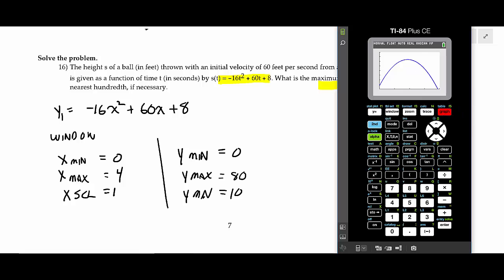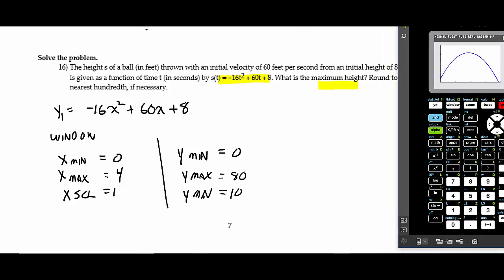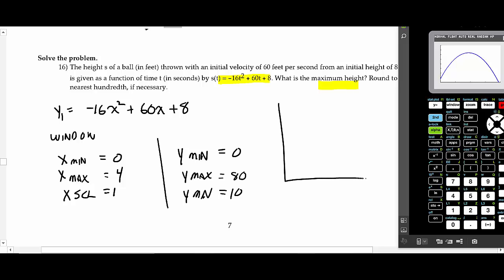Okay, so here's what I want you to do: on your notes, just draw a really rough graph. If you're doing this on an exam, there are certain things you have to have on here. You would label the x-axis as time and the y-axis as height. Then do your scale: 1, 2, 3, 4.